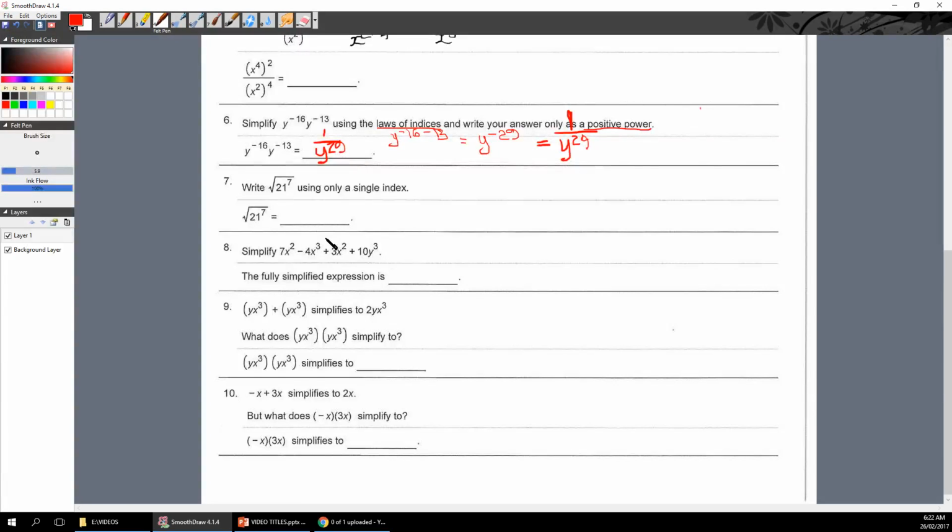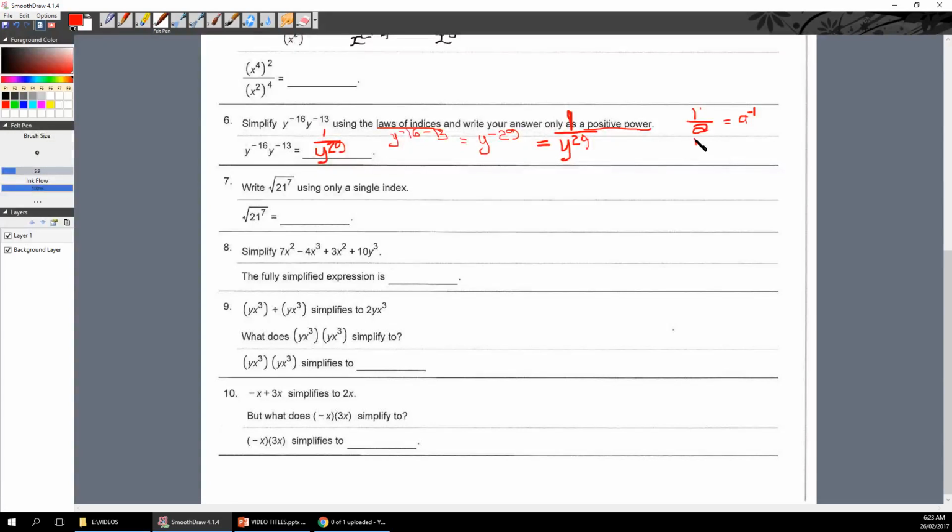If you take something from the top to the bottom, it changes it from a positive to a negative. So 1 over A can also be written A to the negative 1.